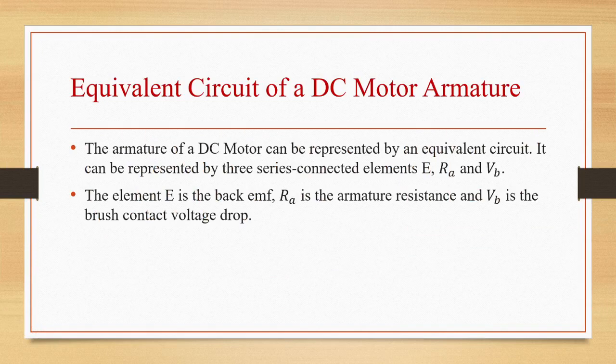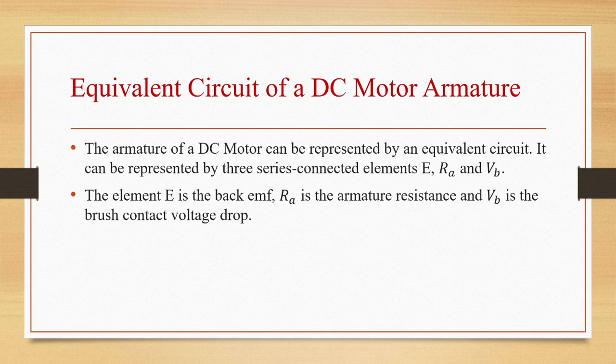So let us now see the equivalent circuit of a DC motor armature. Armature of a DC motor can be represented by equivalent circuit, and it can be represented by three series connected elements, that is E, RA and VB.